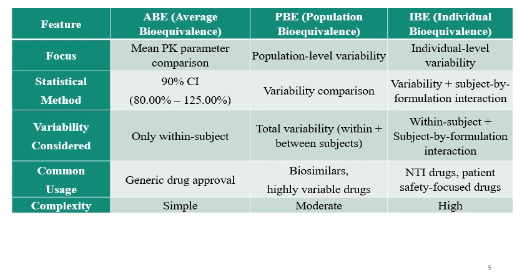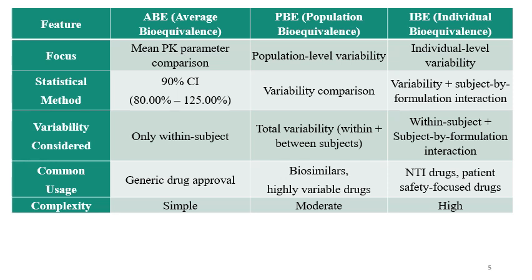For PBE a variability comparison is done, and for IBE variability plus subject-by-formulation interaction is studied. ABE studies only within-subject variability. PBE studies total variability, within plus between subjects, and IBE studies the within-subject variability plus subject-by-formulation interaction.